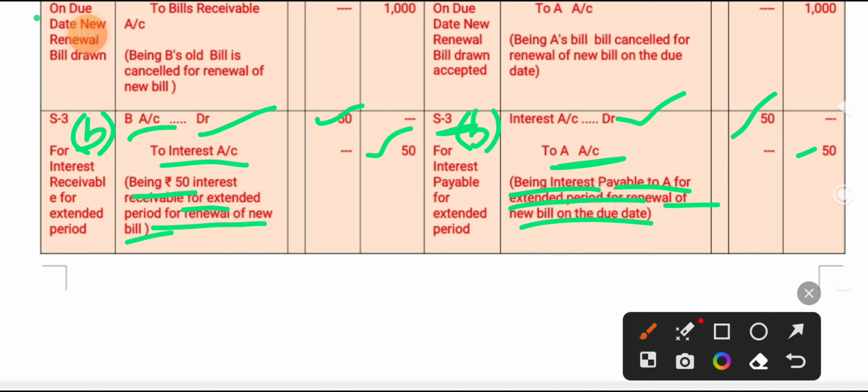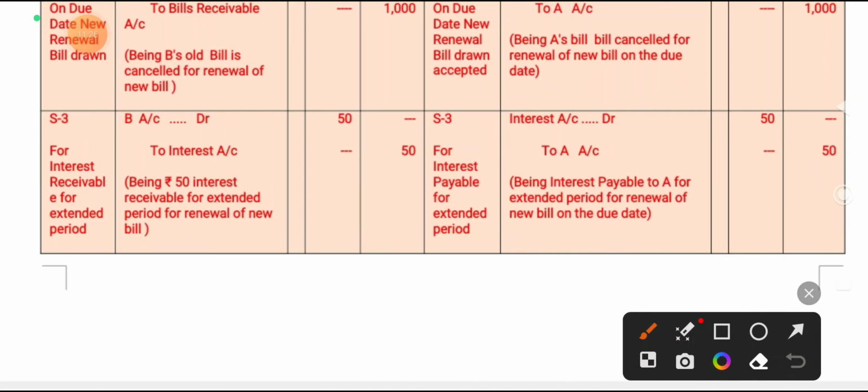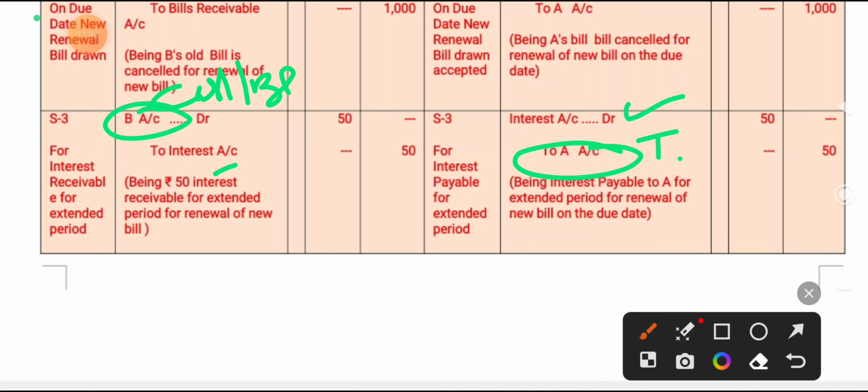Sometimes they will tell that immediately they have paid the interest. If immediately interest is paid, instead of writing here A account, here cash or bank account will be credited. Here interest account will be debited to cash or bank account.